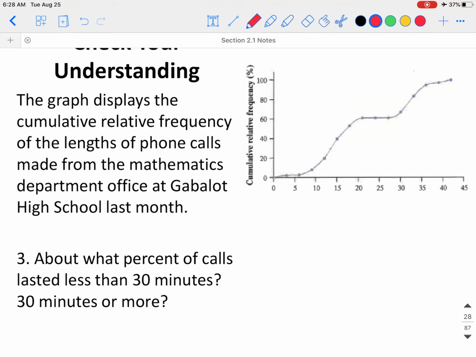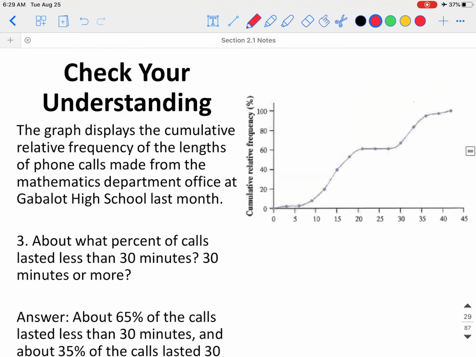So if we go to 30 minutes on our graph, we go up, we see where it hits, we go over, and we can see about 65% of the calls lasted less than 30 minutes. We know this is 100% total, so 65% lasted less than 30 minutes. That leaves 35% lasting more than 30 minutes.